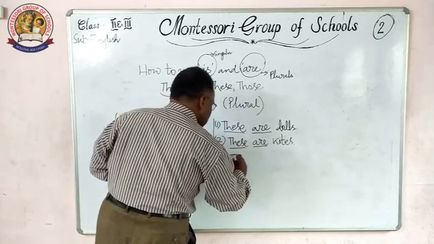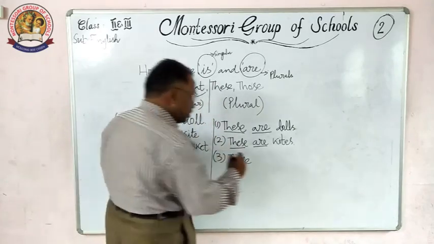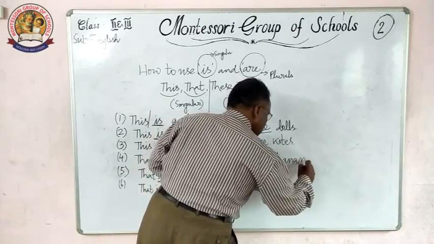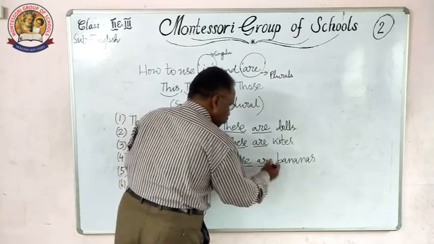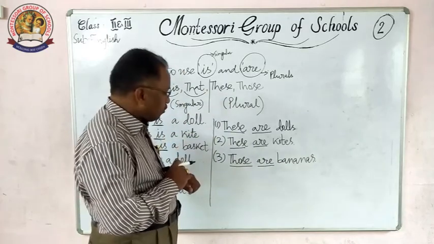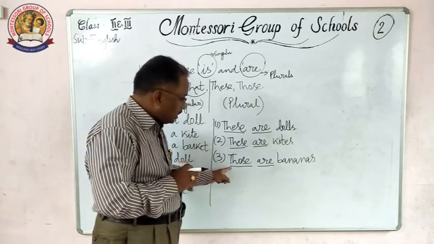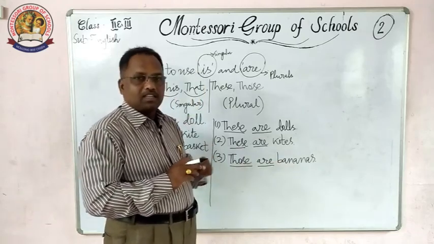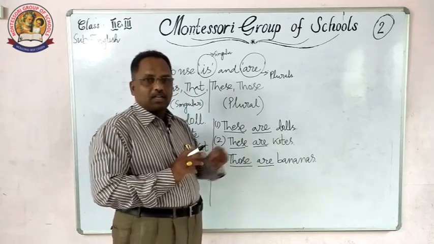So similarly, let us write with those. Those is also a plural form. Those are bananas. Now those is plural, are is plural. Suppose if you want to write using singular this or that, it will be this is a banana or that is a banana.